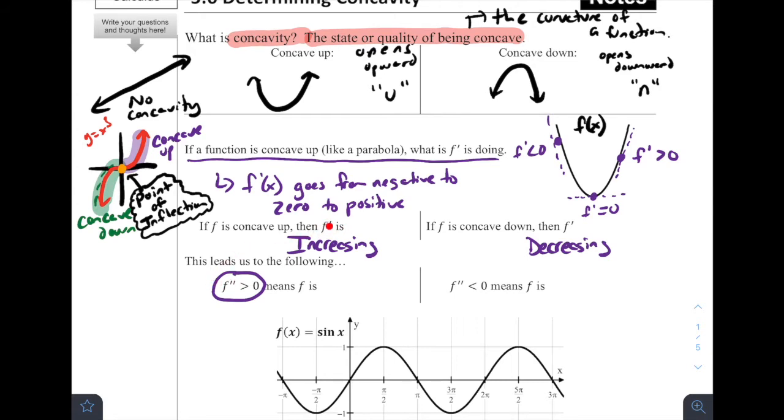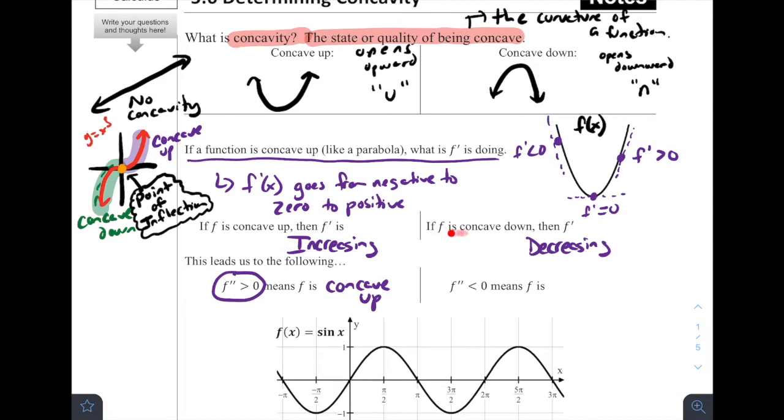If the first derivative is increasing, that means the second derivative is positive. So if f is concave up, the first derivative is increasing, and that means the second derivative is positive. We can conclude that if the second derivative is positive, then the original function is concave up.